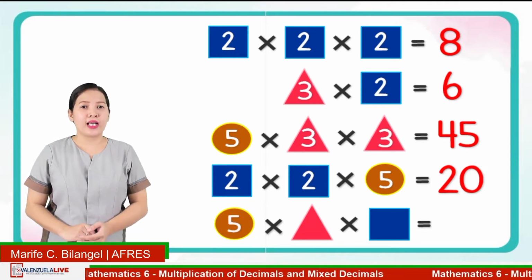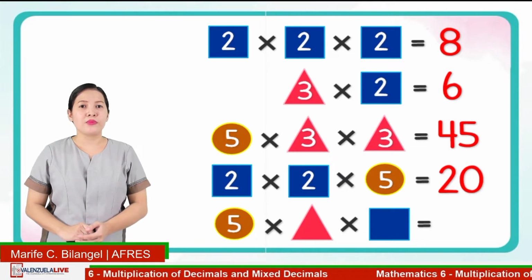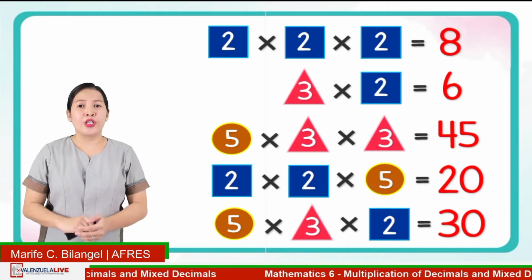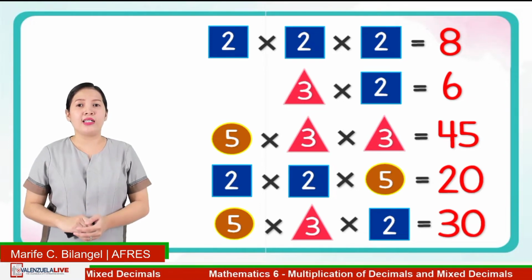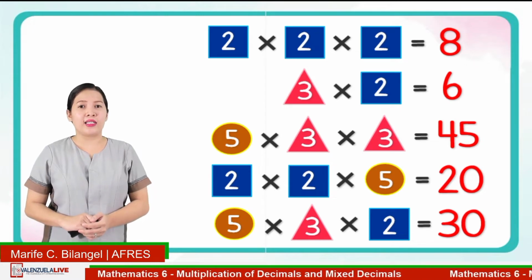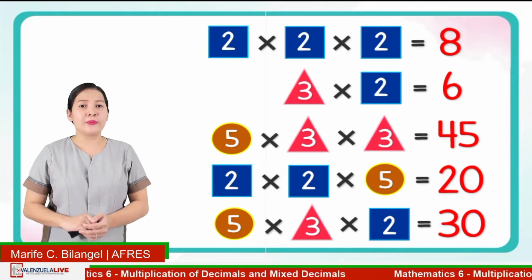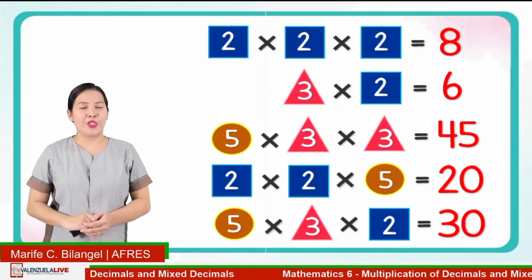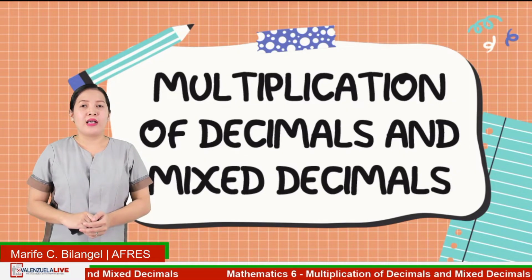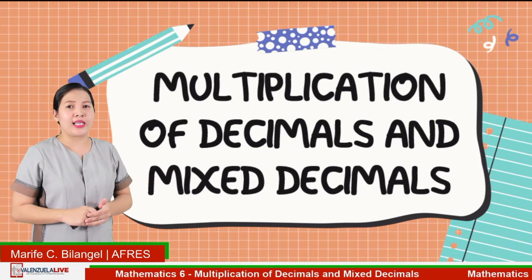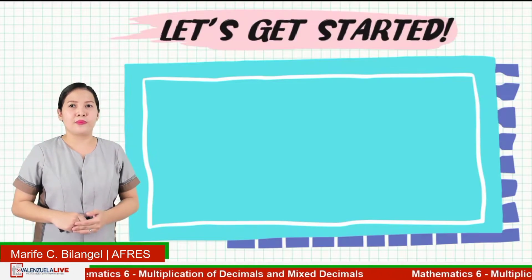So the product is 30 because a circle is equal to 5, a triangle is equal to 3, and a square is equal to 2. Good job, learners. Now, let us discuss how to multiply decimals and mixed decimals.